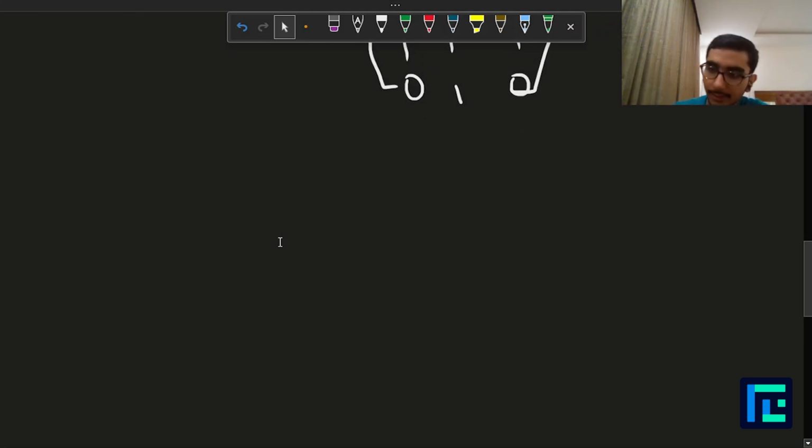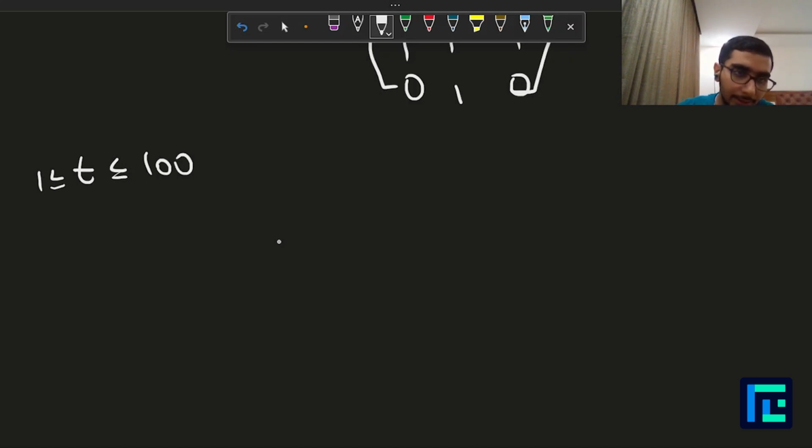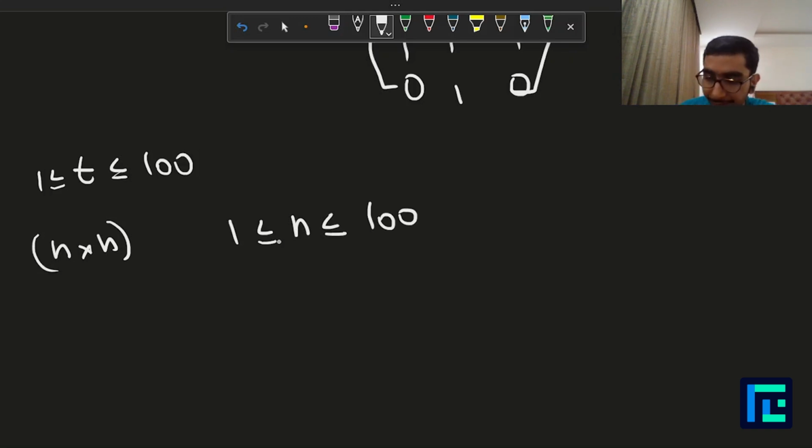Now let's discuss the sample cases, or should I say the expected time complexity. So we know that we'll have t test cases where t can range from 1 till 100, and we'll have for each test case a matrix which would be n cross n in dimensions, where n can range from 1 to 100 again. So if we just count the time complexity for taking input of all the matrices, then that would be O of t into n square, because to take the input for one matrix, the time required would be of n square, and we'll have to do that for t matrices.